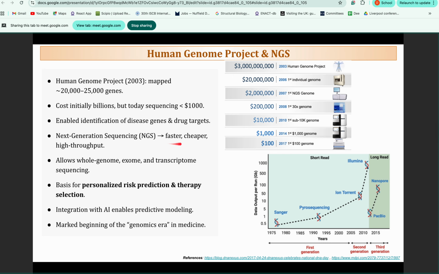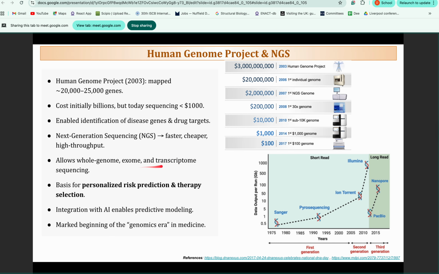Next generation sequencing leads to faster, cheaper and high throughput sequencing, and it allows whole genome, exome and transcriptome sequencing. So not just DNA sequencing, but we can also sequence the exome, which includes just the coding elements of the DNA, the exons, and the transcriptome, which means we are looking at the RNA.